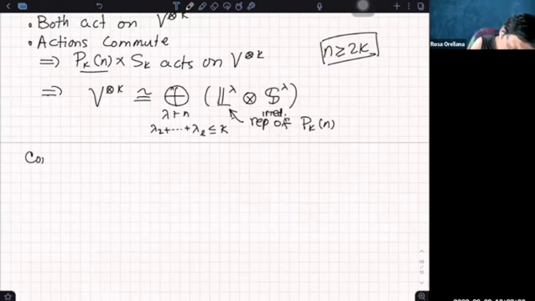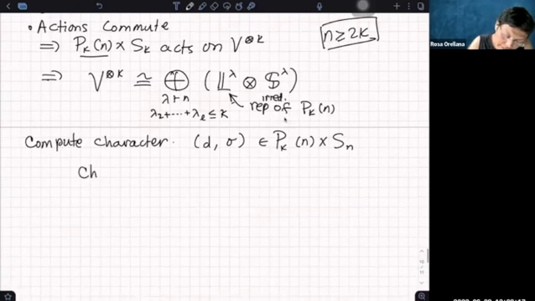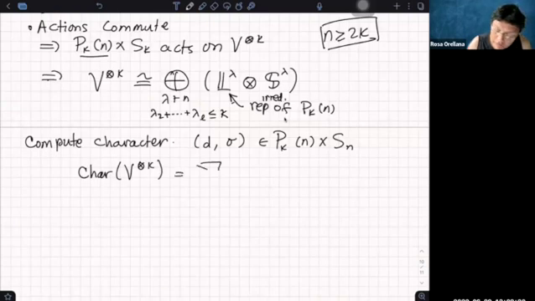So if you compute the character of this, to tie back, at an element D sigma in PKn cross Sn, you get the character of V tensor K on this side, and on this side you get the characters of the partition algebra, which will occur in the formulas that we will have next week, times the character of Sn lambda at sigma.